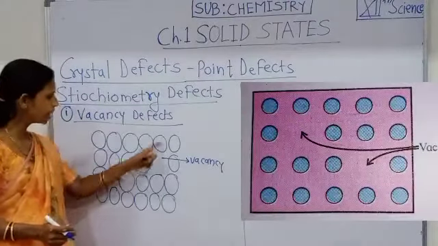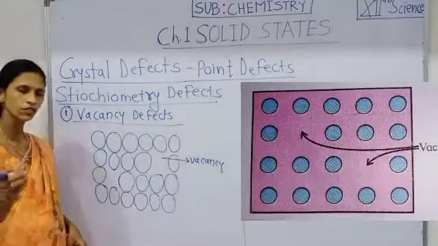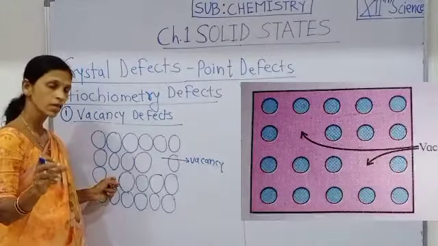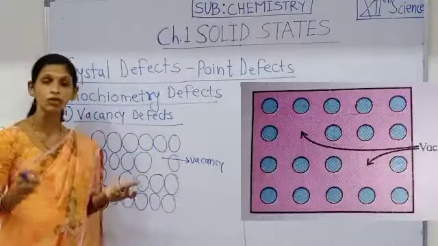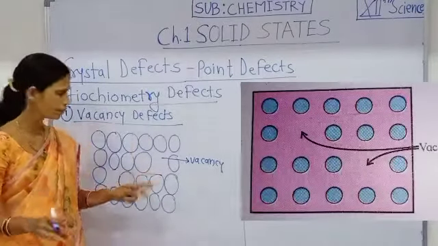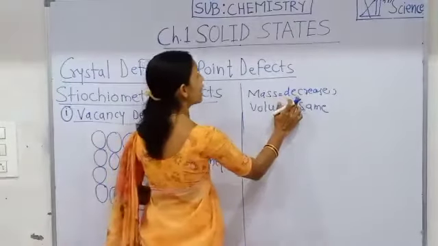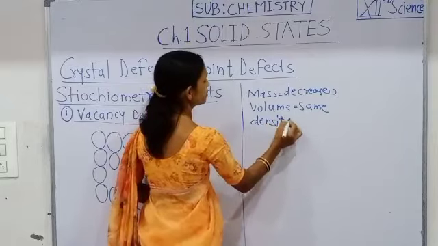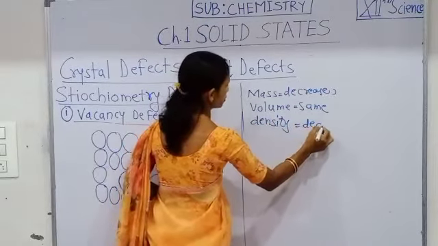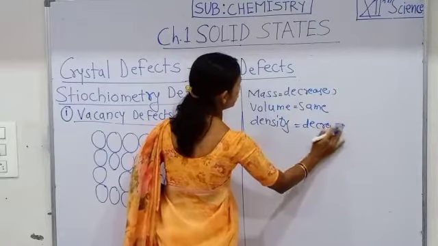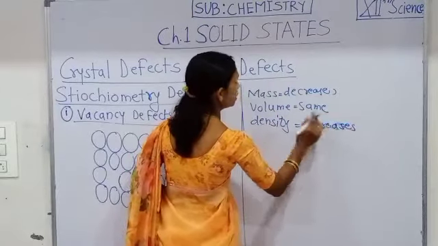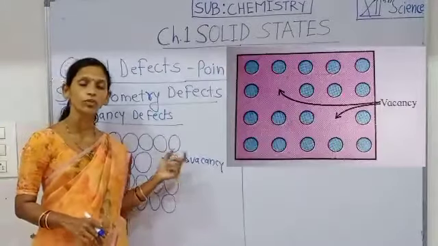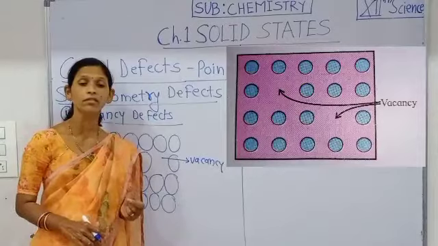The mass of the crystalline substance decreases due to the absence of particles, while the volume of the crystal lattice remains the same. Therefore, as mass decreases, the density of the substance decreases, because the volume remains the same. That type of defect is called a vacancy defect.